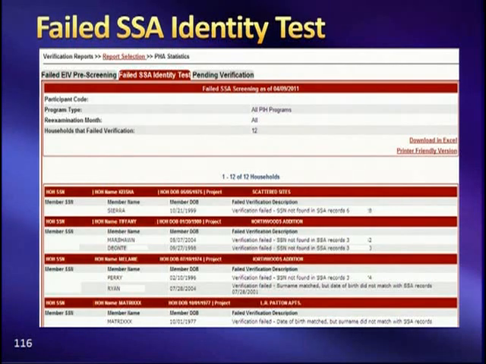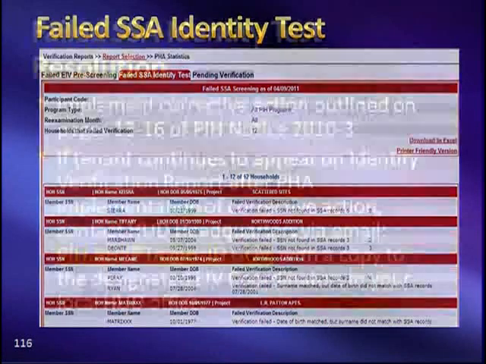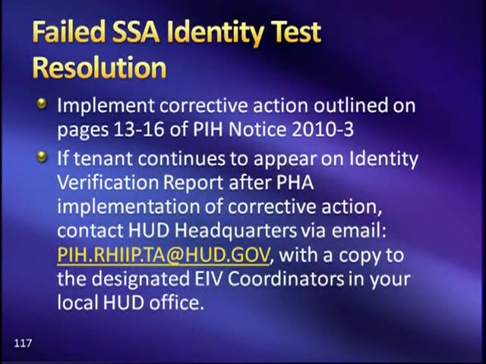Okay? Other common issues that failed SSA identity, basically invalid social security number, invalid surname, invalid date of birth. And again, notice that we refer you to pages 13 through 16 of the PIH Notice 2010-3. And I know some folks are like, well, what happened to page 12?